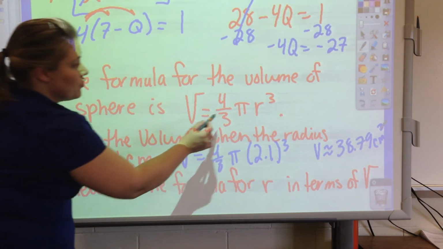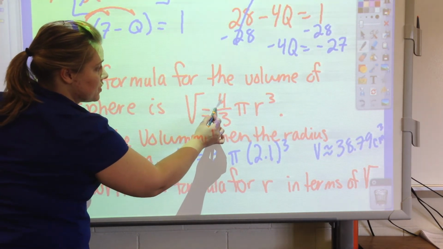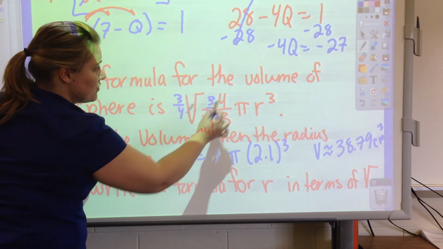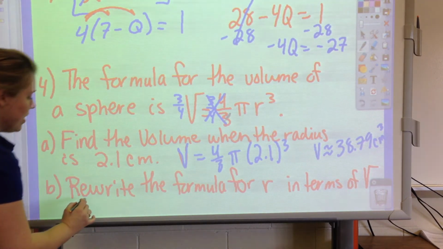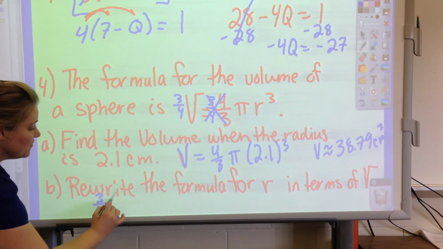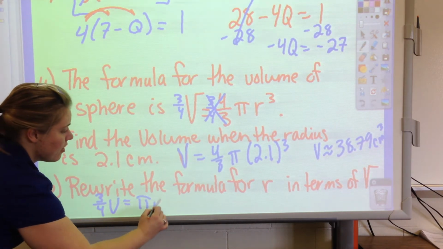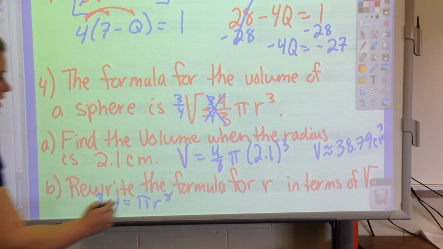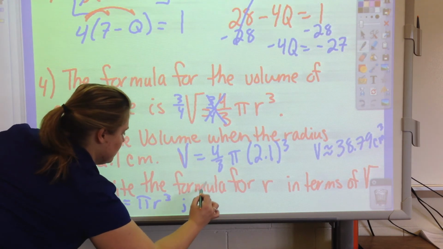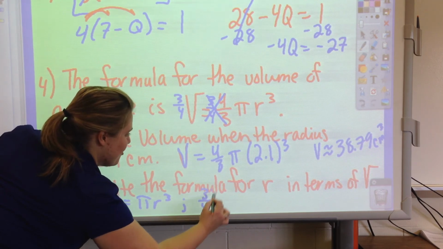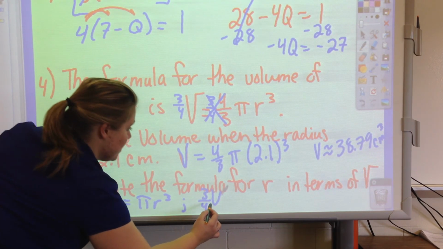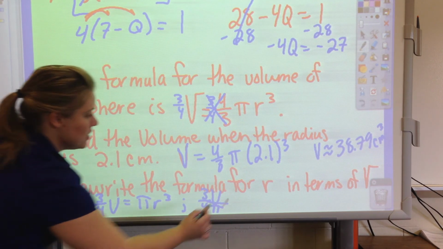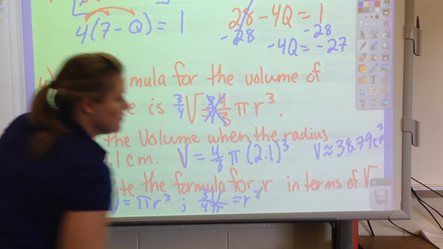So to get r alone, first I'm going to get rid of this 3/4 by multiplying both sides by 3/4. And now I have 3/4 of V equals pi r cubed. Now I can divide both sides by pi, and I get 3/4 V divided by pi, which puts pi in the denominator with 4, equals r cubed.